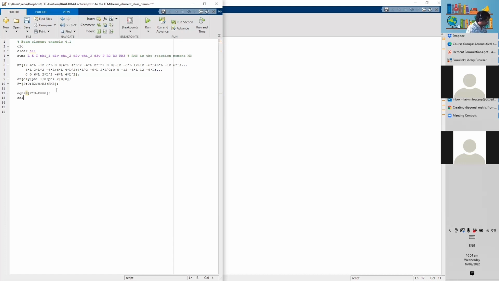And then we say the solution is solve the equations, and then what we want to solve for. What we wanted to solve for was the unknowns we had defined, which is D1y, phi1, phi2, R2, R3, and reaction moment 3.